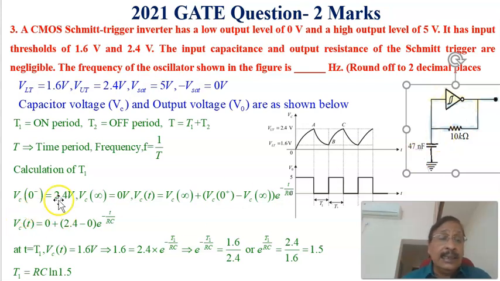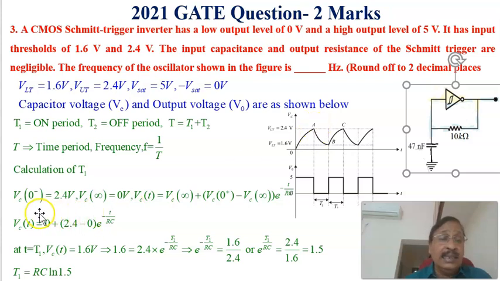here is the basic equation of the capacitor in an RC circuit. The capacitor voltage equation can be written in terms of the initial value of the capacitor voltage. This is the time corresponding to the discharging of the capacitor, and the initial voltage is equal to 2.4 volts.